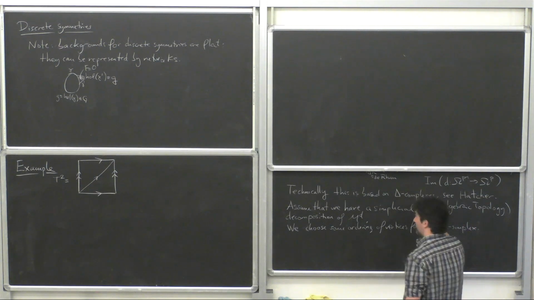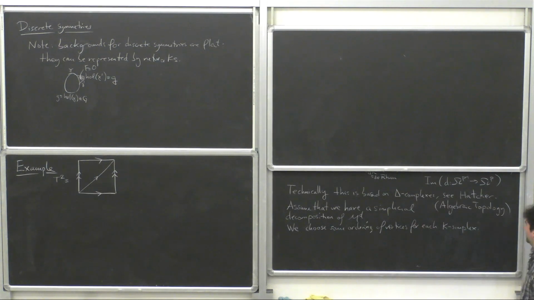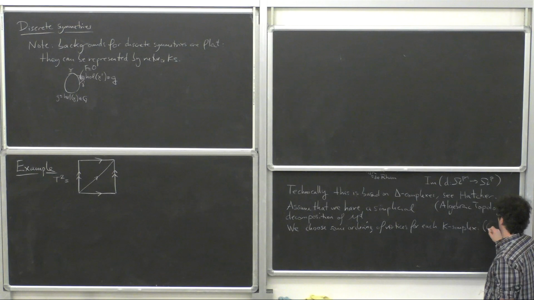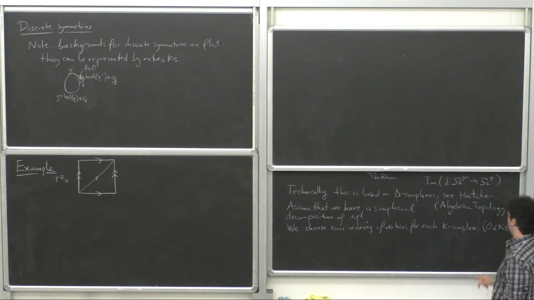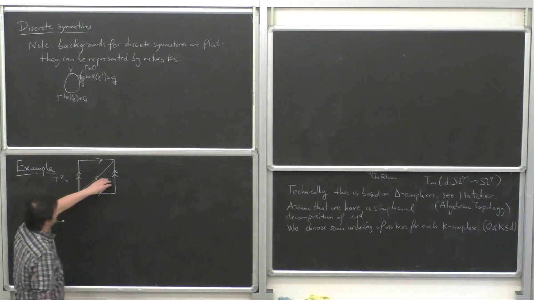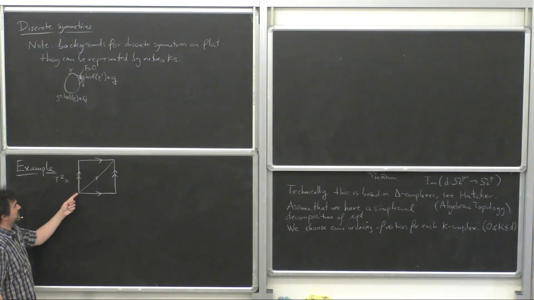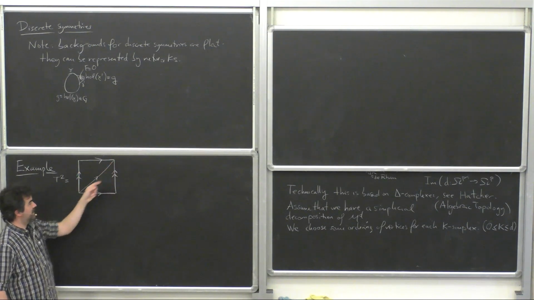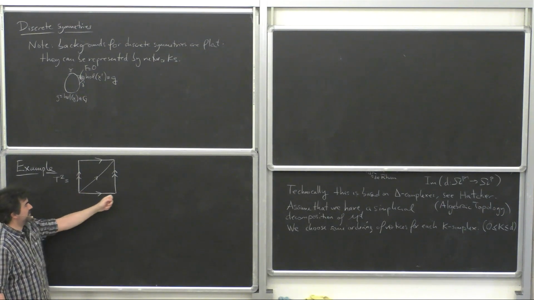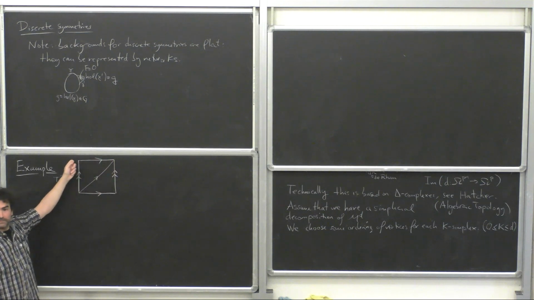Notice that here I wrote a k-simplex, where k goes from 0 to d. So I'm including not only the top dimensional simplices, so these two big triangles, but also the one-dimensional simplices, so this line, this line, this line, and the zero-dimensional simplices, which are the points at the corners.